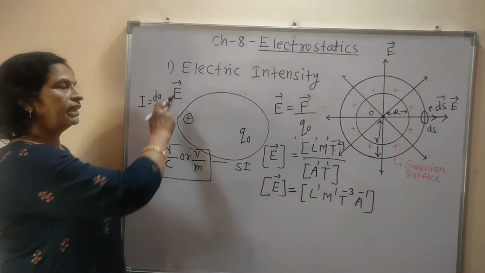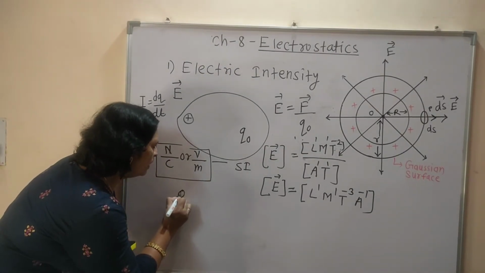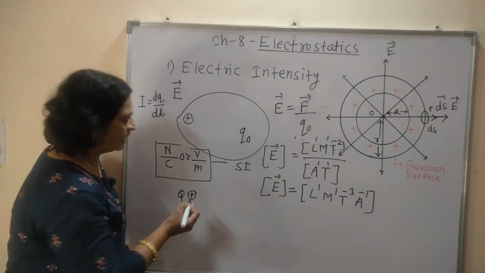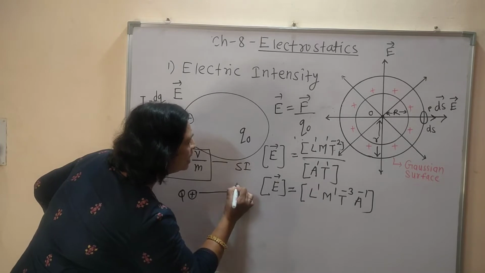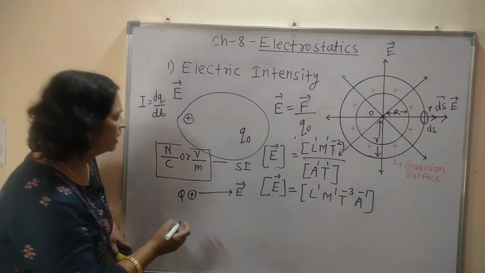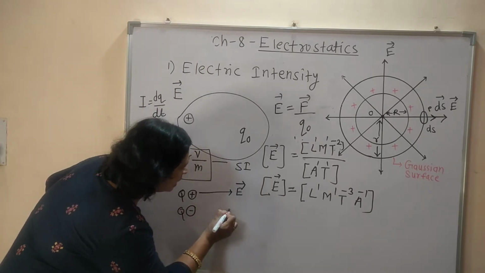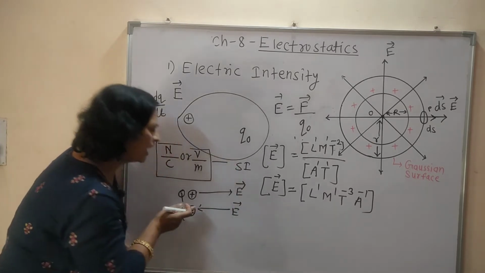It is a vector quantity. Suppose Q is a positive charge, then the direction of electric intensity is outward. If the charge is negative, suppose this point charge is negative, then the direction of intensity is inward.